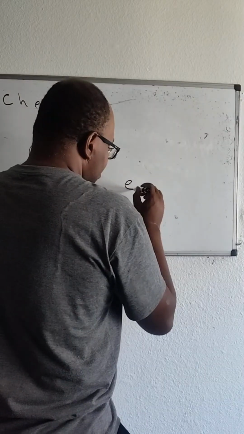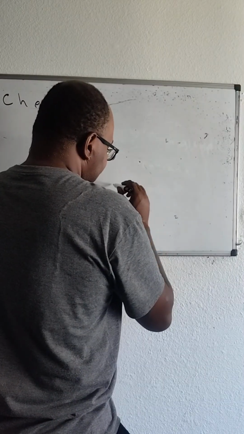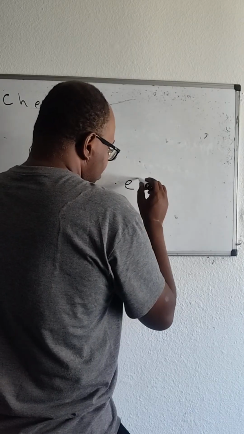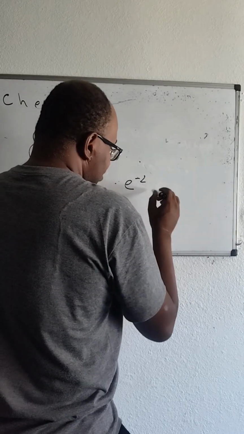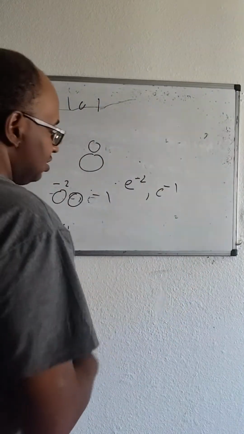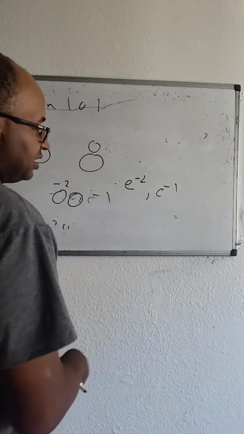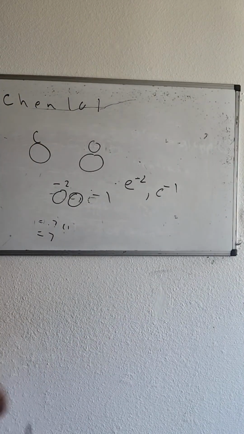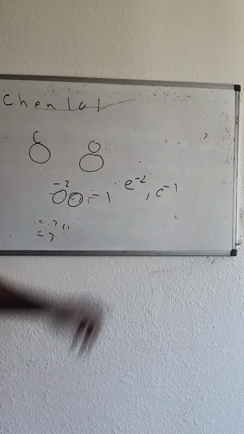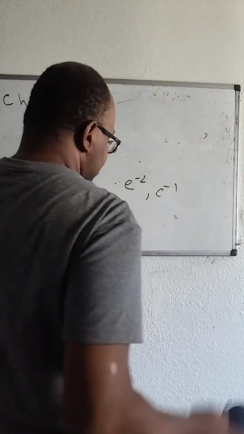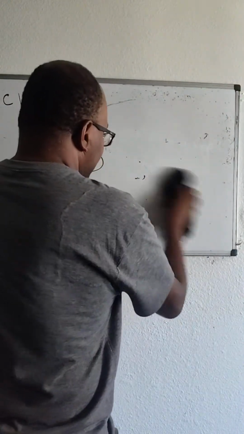So when you combine them, you have a negative 2, then we have a negative 1. We add to it, it becomes a negative 2, we add to the other, it becomes a negative 1. So remember, the charges have to balance, which is cool, right? They switch places. That's the nature of chemical reactions.